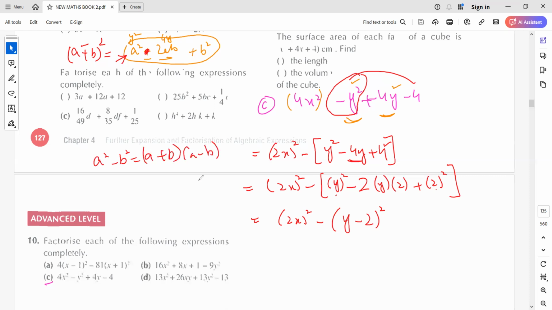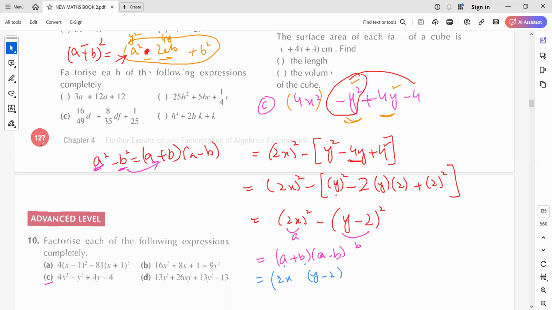Here a is 2x, which is the first term, and b squared is the second term, so b is going to be y minus 2. So we can write it using this identity as a plus b times a minus b. Now let's replace the values: for a, I replace 2x, and for b, I replace y minus 2.